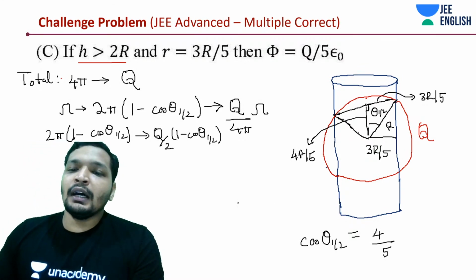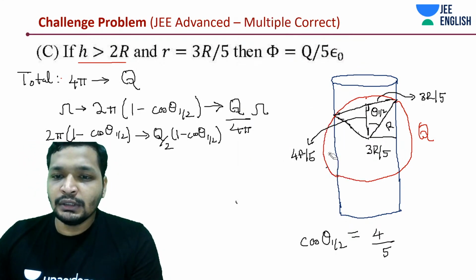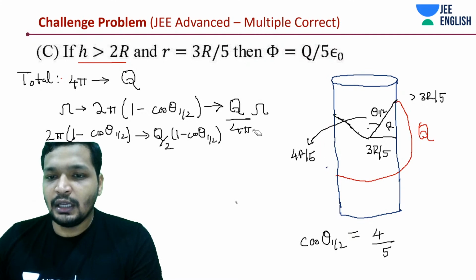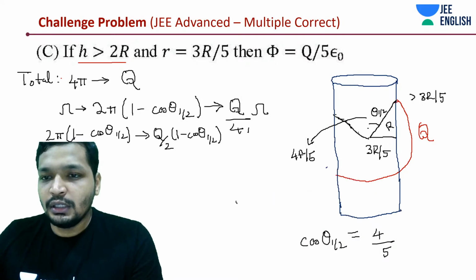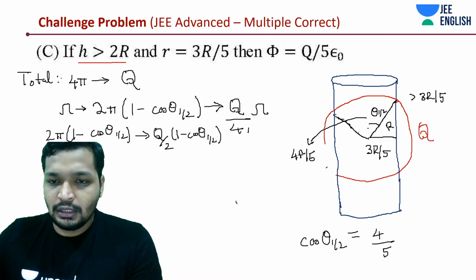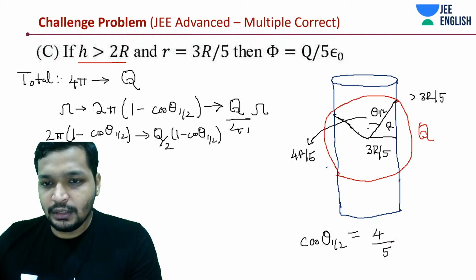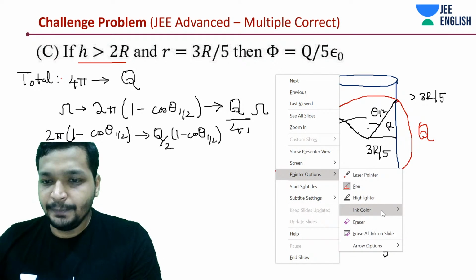Okay, but notice one more thing. Just give me a moment, let me draw this neatly so that we have a better understanding of what we are doing. So this is how it should be, a bit more rounded anyway.